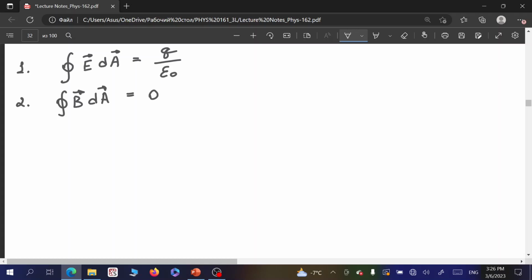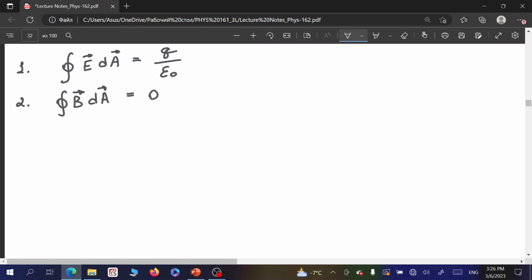Taking this into account, we cannot place inside this closed surface any magnetic charges since they don't exist, and by definition we cannot get any value of this integral, this flux of magnetic field through the closed surface.